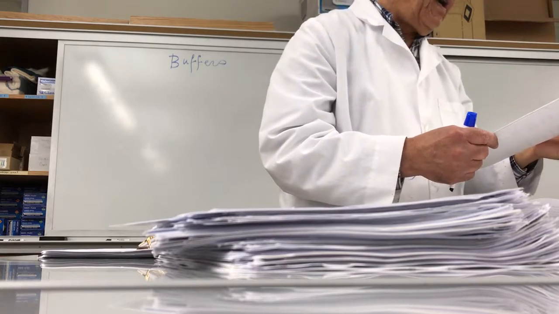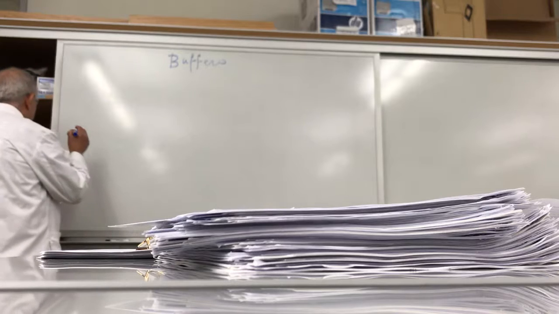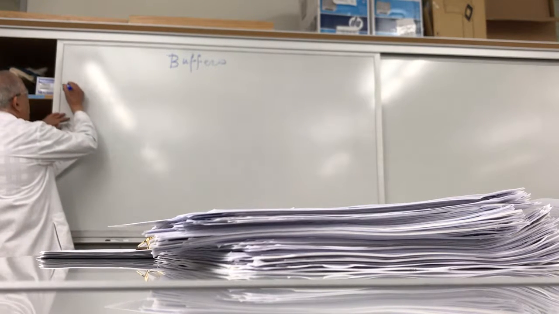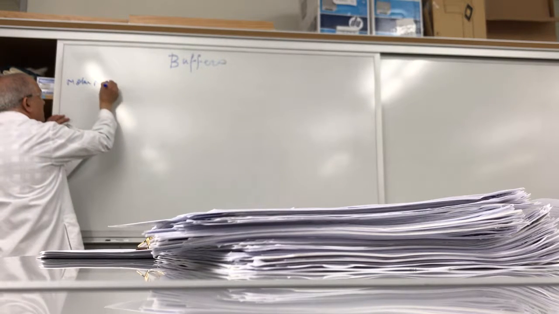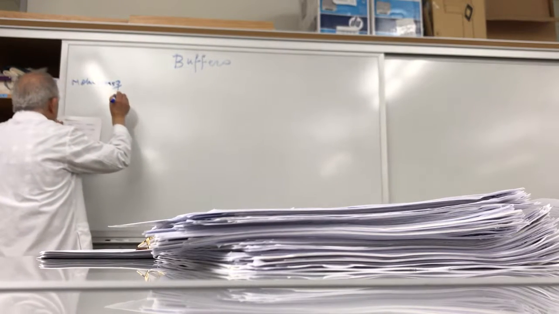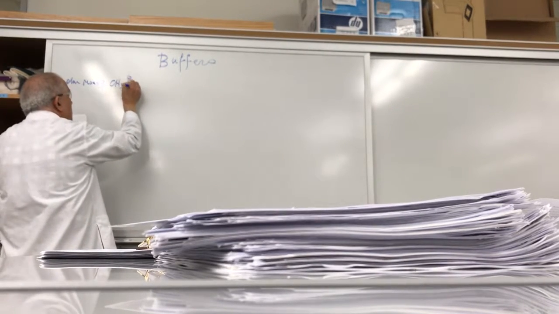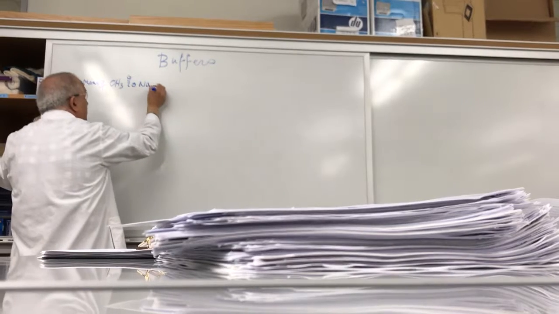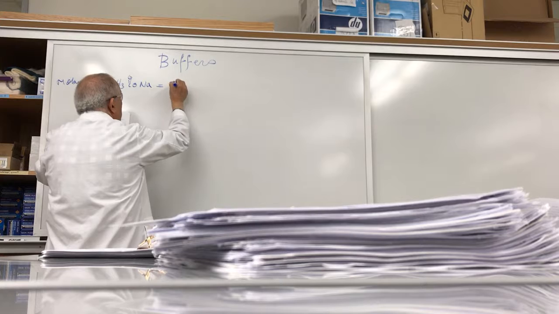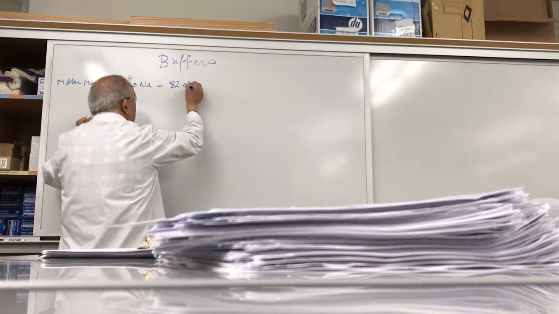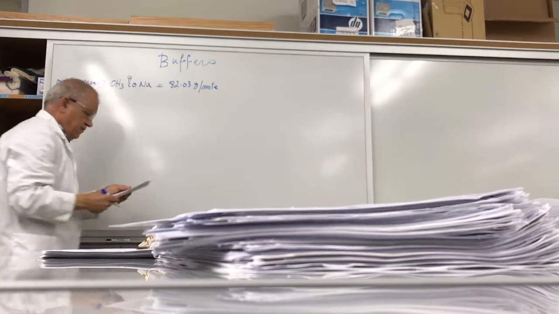One thing you have to write down is the molar mass of sodium acetate, CH3COONa, equal to 82.03 grams per mole. Okay?